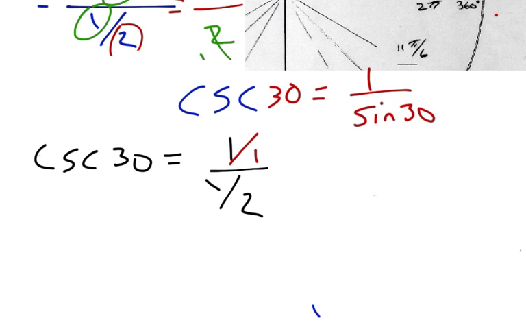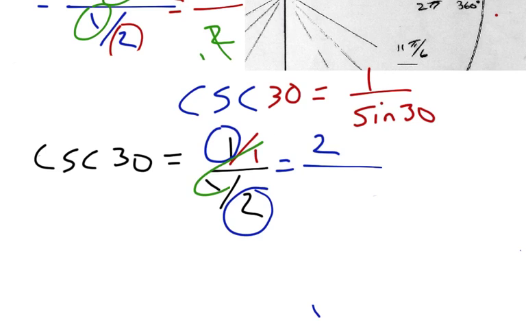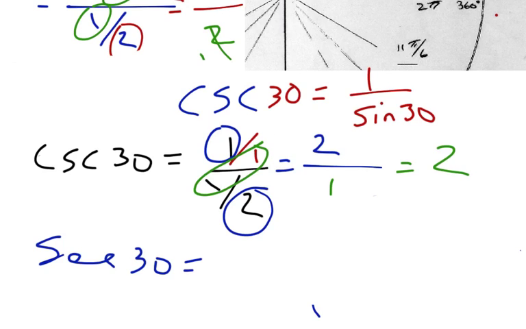And I take the same principle, same thinking. Top, very first term, times the last one, and that goes on the top. The middle two values multiply and they go on the bottom. So cosecant of 30 is equal to 2. Secant, now I'm thinking 1 over cosine of 30.